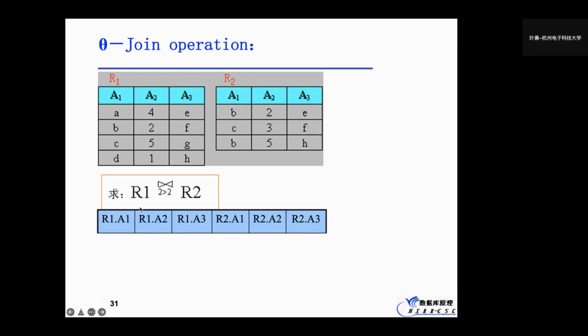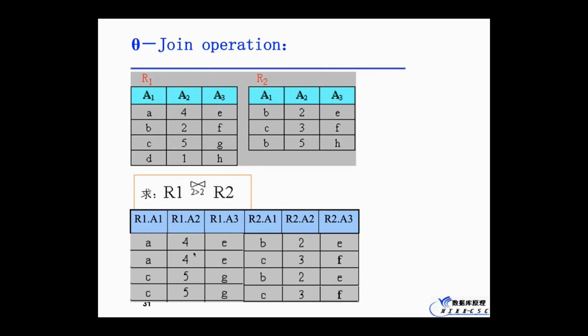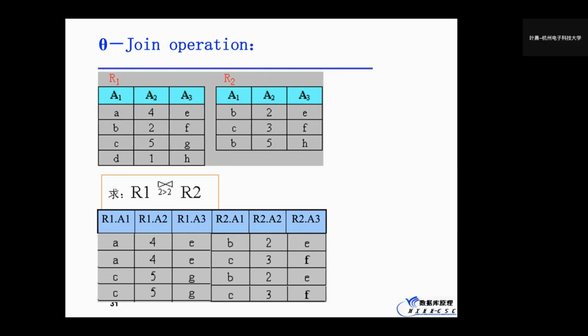Here, for theta we write the condition like A2 greater than A2, which means the A2 value from this R1 should be greater than the A2 attribute from the R2 relation. So we can get the final result, where R1.A2 in each tuple is larger than R2.A2.